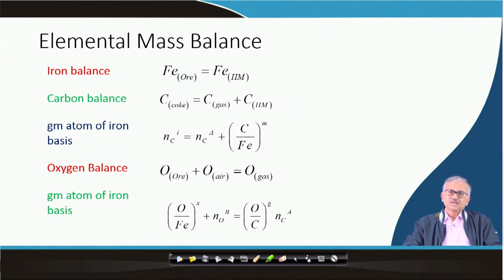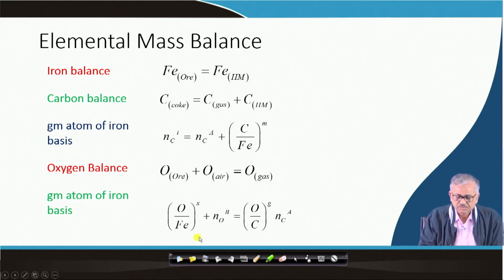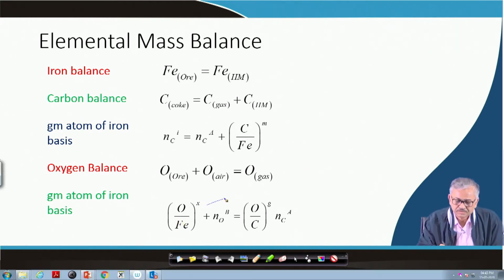If you multiply that, the full right hand side term represents the gram atom of oxygen that exits in the blast furnace gas to produce 1 gram atom of iron. So, this is the final equation, the oxygen balance equation.